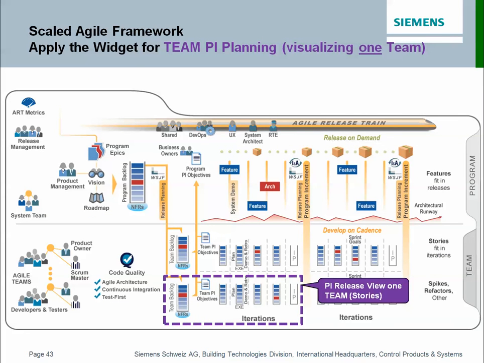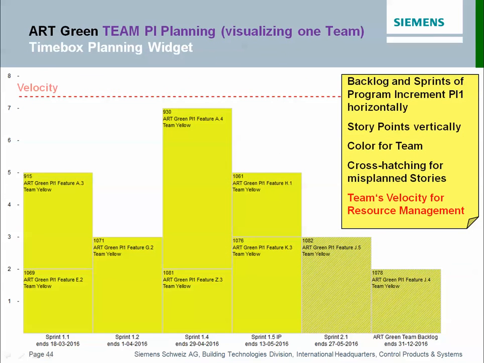Now let's have a look at one team, and this is very interesting for Scrum Masters. Here we see just the contributions of one team, of the team yellow. And you see this team has a velocity of 7, and here we can manage the resources. So for example, in Sprint 101, there are still 2 story points available, and so on.